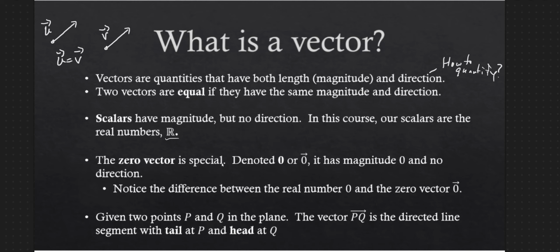They form what's called a vector space, which is a kind of algebra. And in this vector space, we're going to need a zero vector, a vector that has zero magnitude and has no direction. So this is sort of the exception to vectors having a magnitude and direction. The zero vector has no magnitude and no direction.